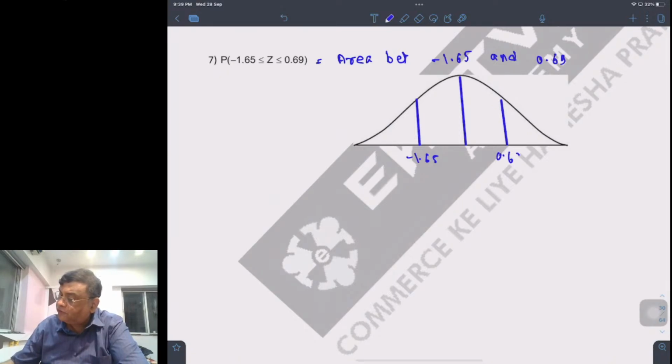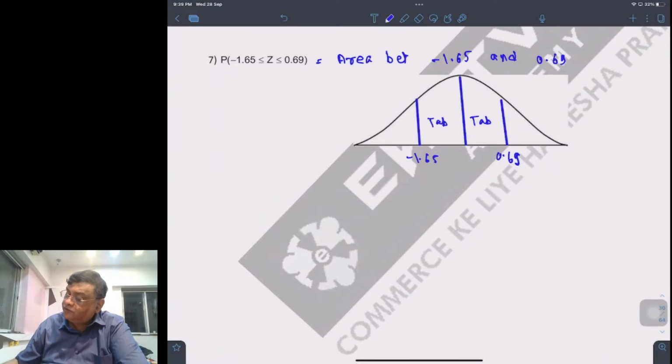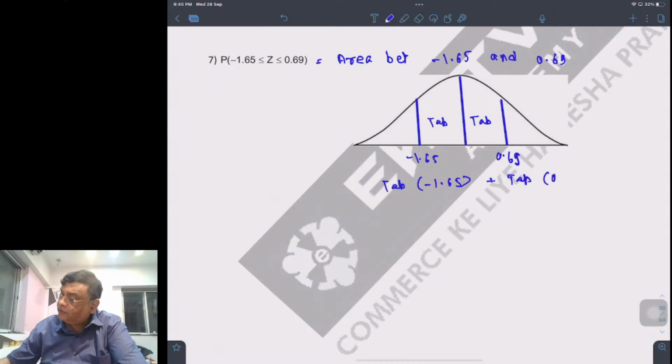So this is 0.69. But then my question to you is very simple. You want this area, but table value gives you what? Table value will give you area between 0 and this, and table value will give you area between 0 and this. Obviously tell me what is the adjustment that is going to take place here. क्या adjustment करोगे? Adjustment is going to be that this is table value for minus 1.65 and that plus table value for 0.69, and then you're going to get the answer that you want.